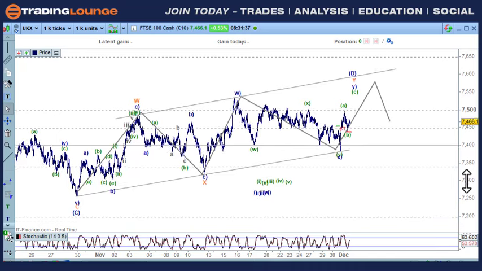So it's a bit complicated, but it's a W, X, and Y up here for the D wave in the triangle. Okay, and the thing with that is that from the X here, we've got another W and then an X over here. I could put this as an A and a B and a C here, actually.